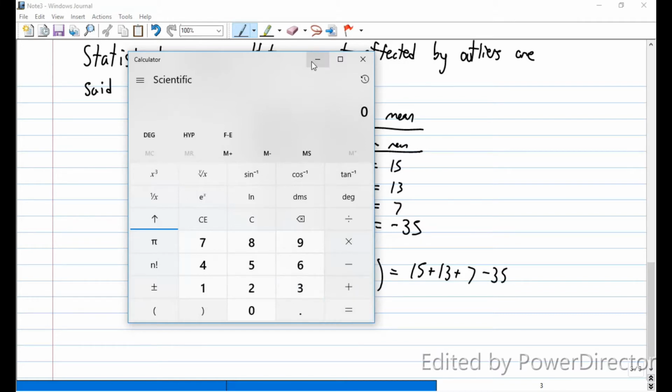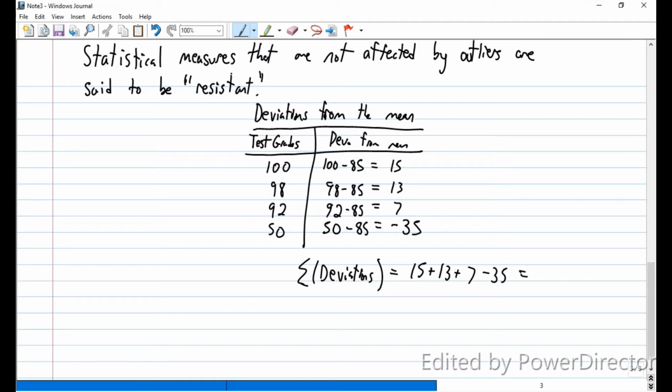We get what? 0. Okay, and so that happens. It has to happen for us to have 85 as the mean. And I sum up my deviations. They have to be equal to 0 there. Or do they? They have to be.